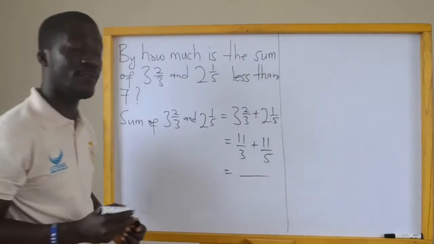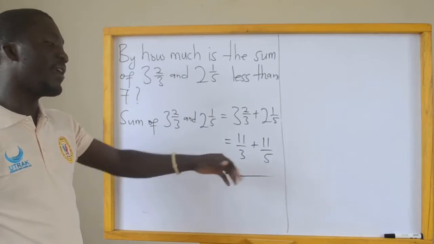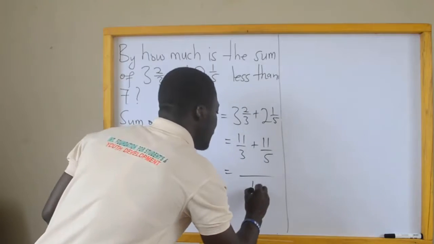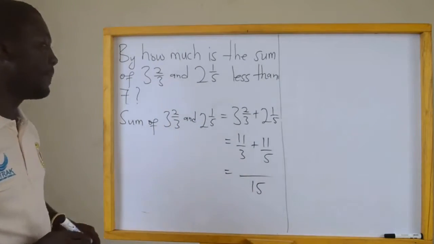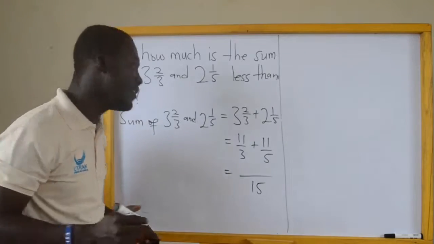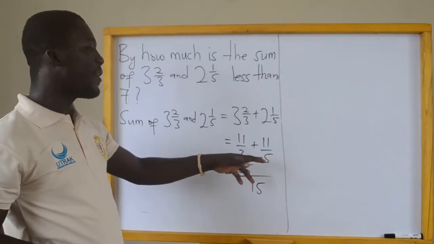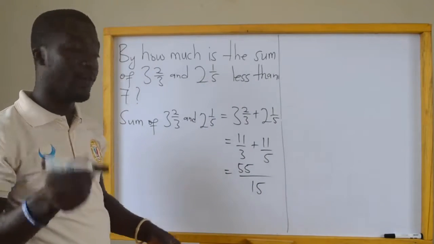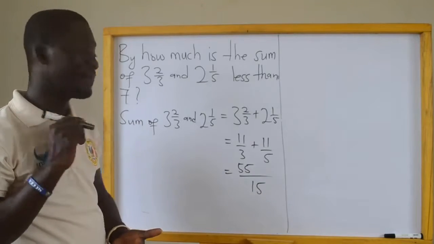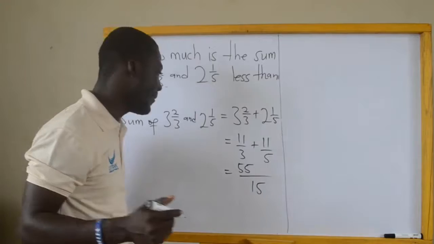And we find the least common denominator between 3 and 5, and it's 15. So 3 goes into 15 five times, and 5 times 11 is 55. 5 goes into 15 three times, then 3 times 11 is 33.